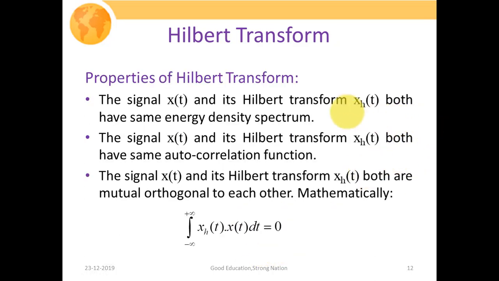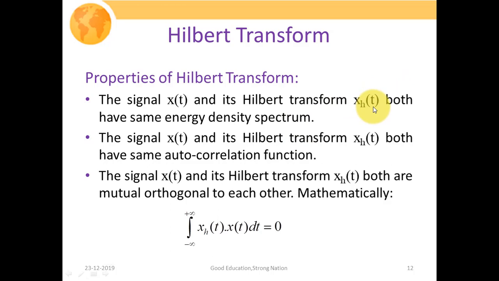These are some of the properties of the Hilbert transform which are really important. The signal x of t and its Hilbert transform xh of t both have the same energy density spectrum. We have studied that the Hilbert transform does nothing but produce a minus pi by 2, or minus 90-degree, phase shift to the original signal, and we know that energy and power do not depend upon the phase angle.